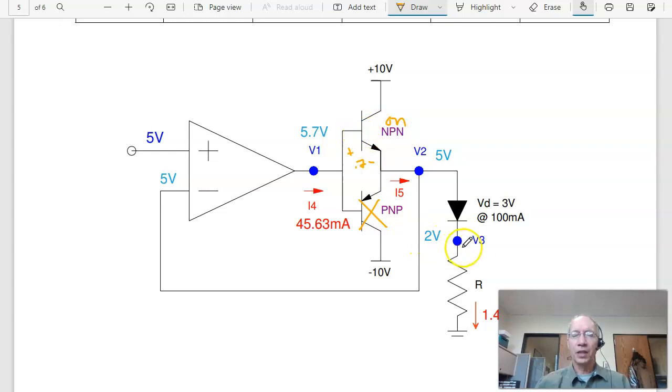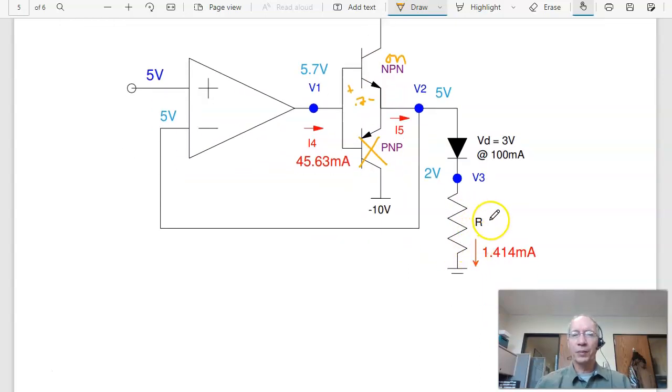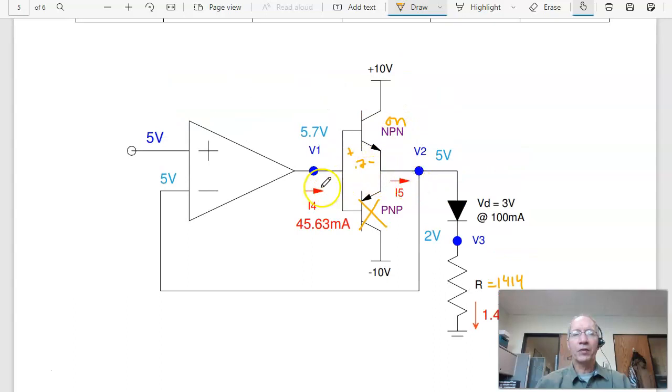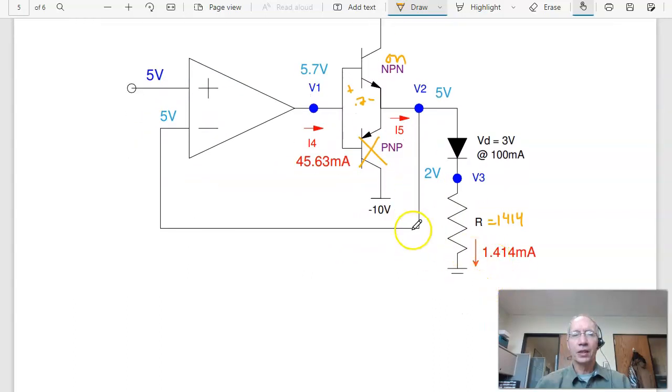In terms of currents, 2 volts, for me this is 1414 ohms, depends upon your birth date. 2 volts at 1414 ohms is 1.414 milliamps. That's I5. I4 is I5 over beta plus 1. So that divided by 31 gives you I4.